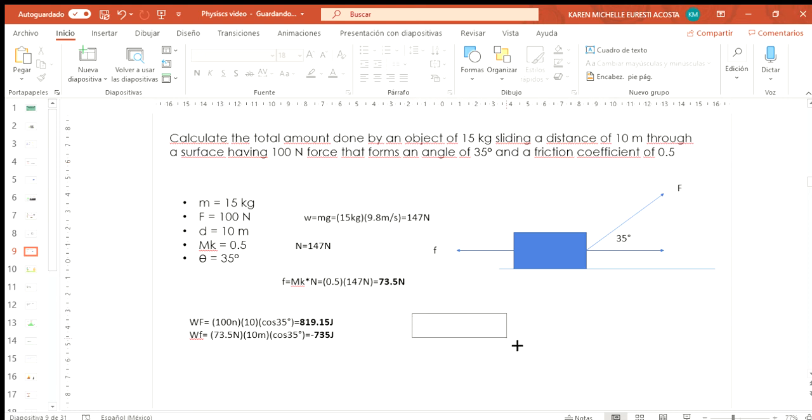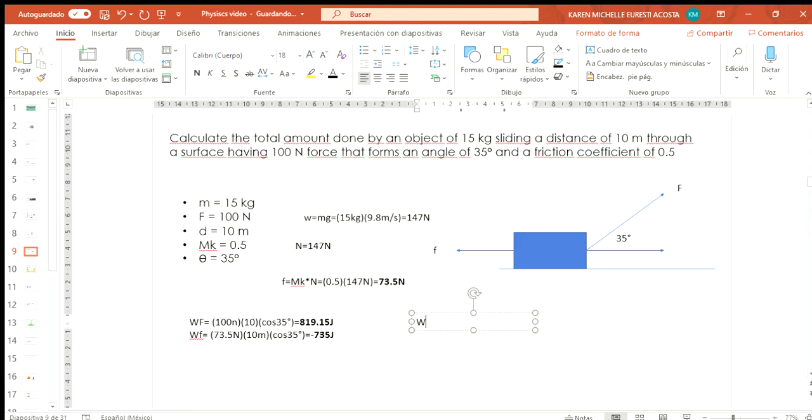So we have the total work that the forces did: 819.15 joules minus 735 joules, and that gives us 84.15 joules. That is our final answer for the total work.